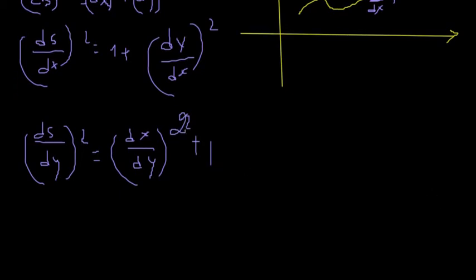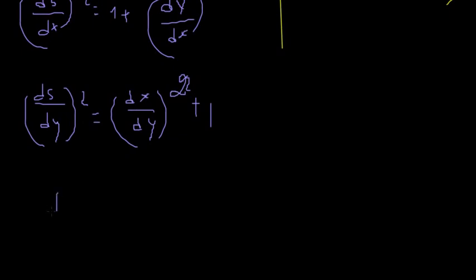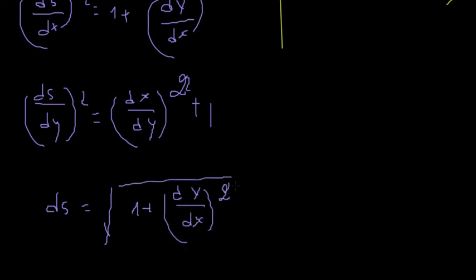What we can do right now is we can simply take ds out, and we can write this equation as ds equals the square root of 1 plus (dy over dx) squared times dx.